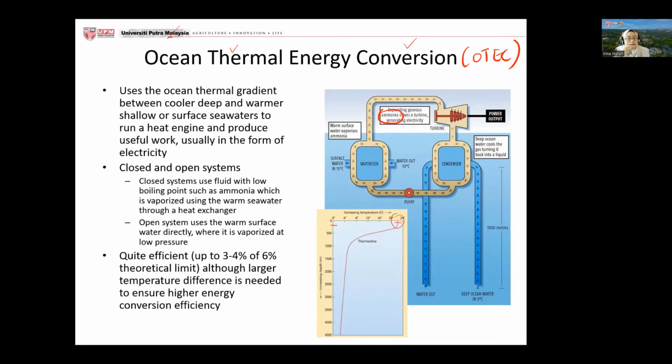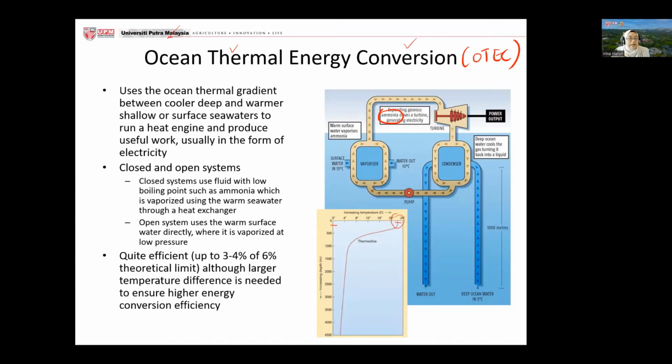Let's start from one side. Here, in the vaporizer, the ammonia is in there, in the yellow part. The surface water here is around 15 degrees Celsius, and it's actually hotter compared to the deep ocean water.